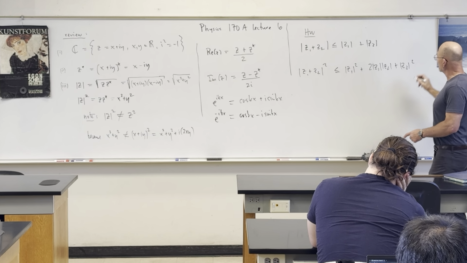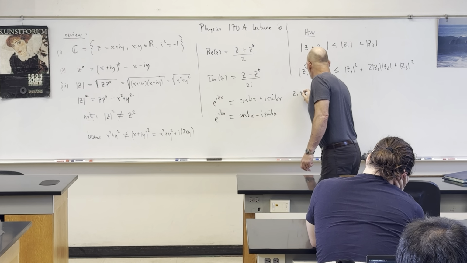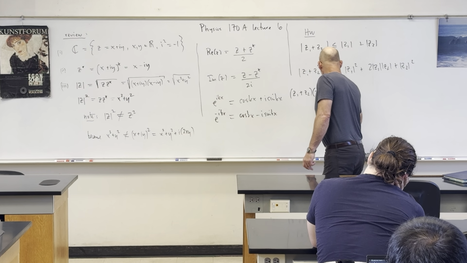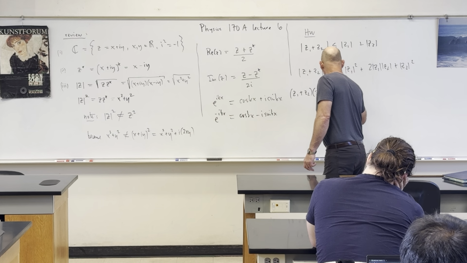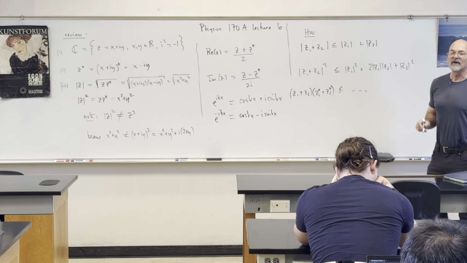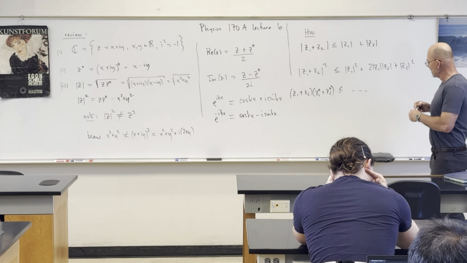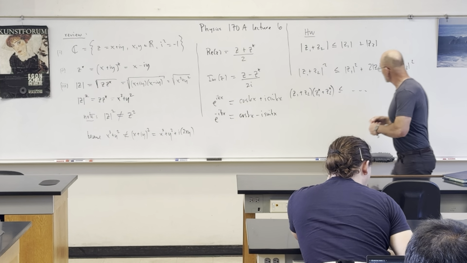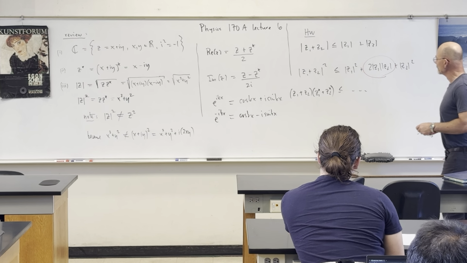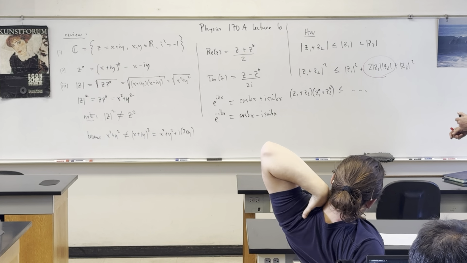Good, that's the right side. On the left side, we have to write out z1 plus z2 times z1 plus z2 complex conjugate. So that's our first step. We have to do that, and then we'll recognize these, and we'll actually just have an interesting inequality between this and its counterpart on the right side. We did that yesterday, and these are excellent examples to work with.